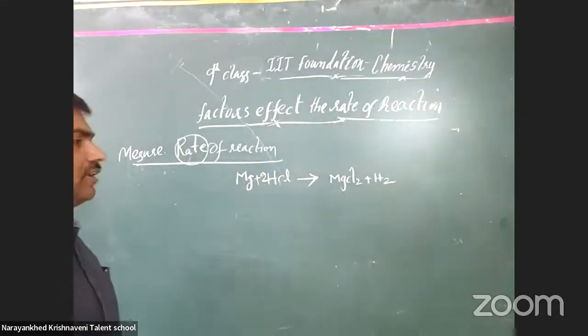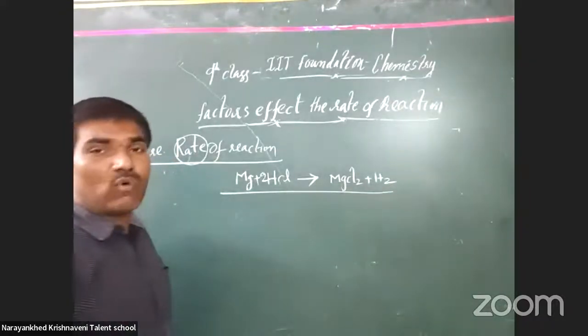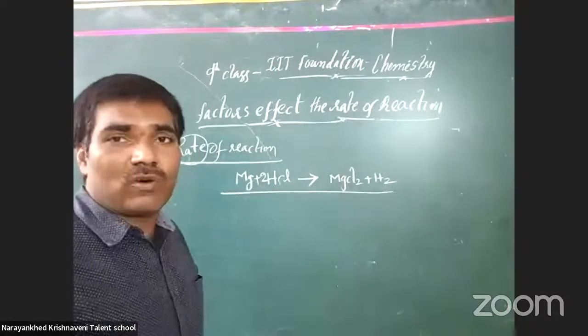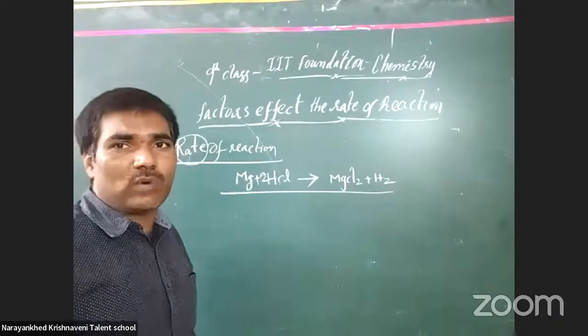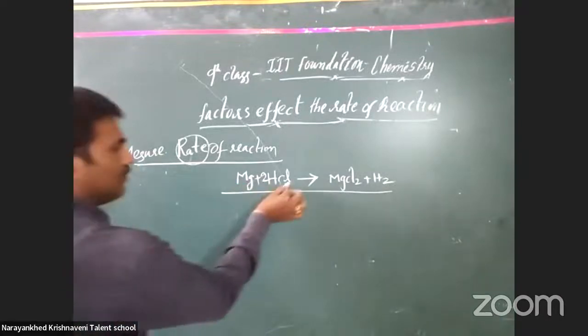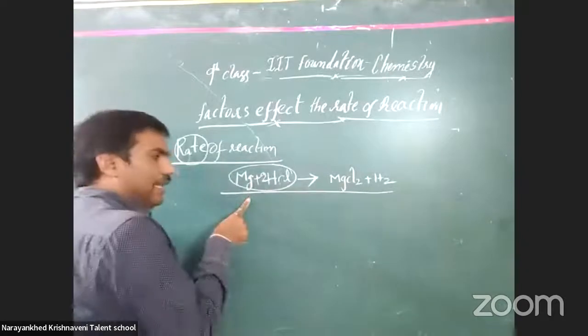In this chemical equation, we want to find out the rate of reaction. Then what do we have to know first? Without these things, it is not possible to go further to check what the rate of reaction is. First thing we have to know, you know very well, what these things are called in a chemical equation. These are called reactants.